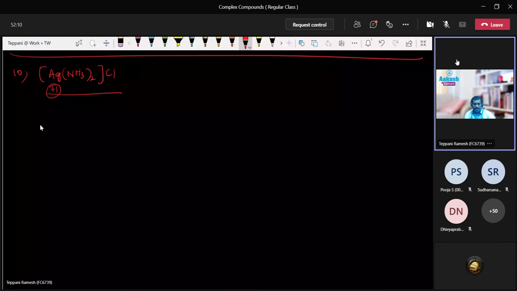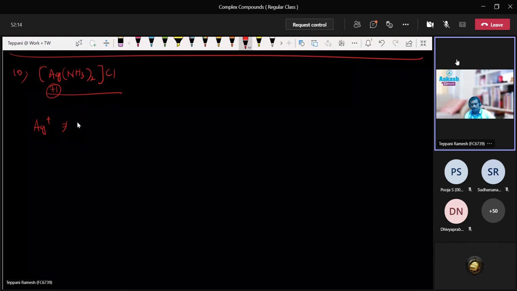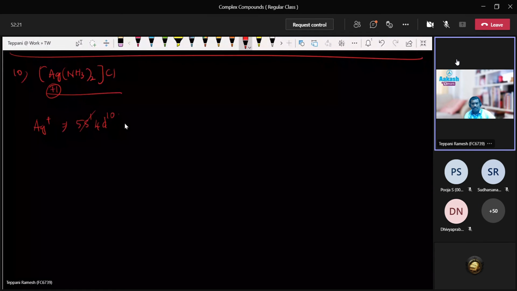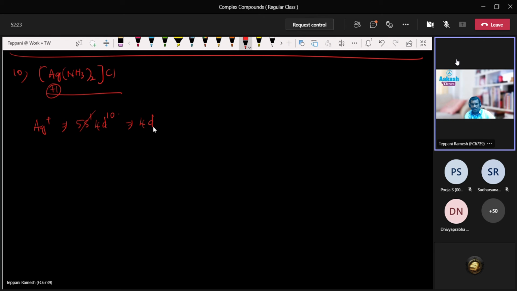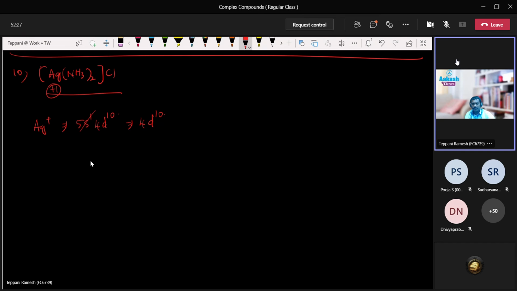Ag plus 1 here. Ag plus 1 configuration: 5s1 4d10 becomes 4d10, correct? 4d, are you catching this?